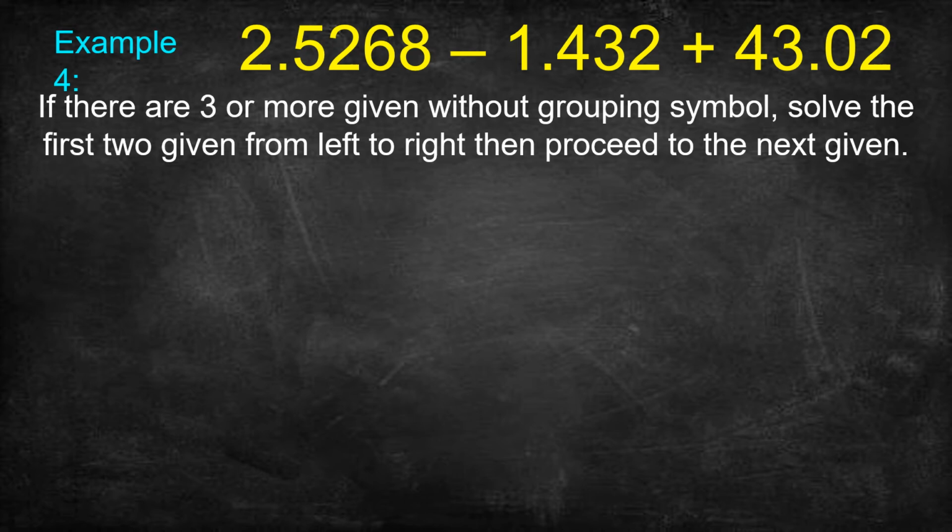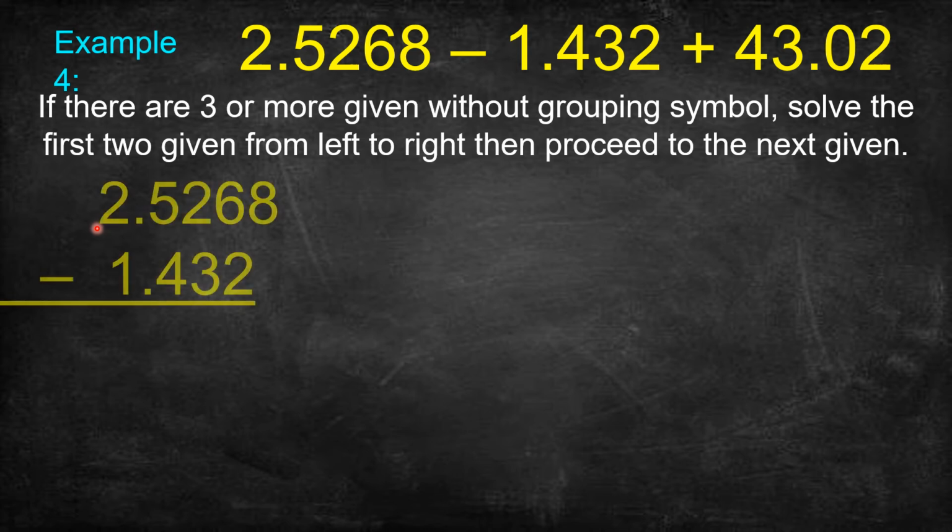So, ito nga po muna ang unang dalawa ang ating gagamitin or isa-solve. Itong 2 and 5,268 10,000 minus 1 and 432,000. So, again, in order to solve that, we are going to arrange vertically. Sulat muna natin siya ng patayo at pantay-pantay ang kanilang place value.